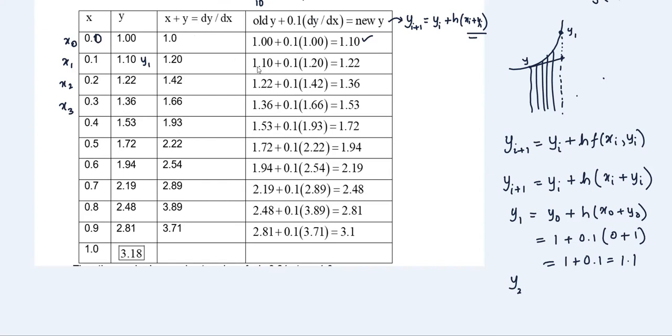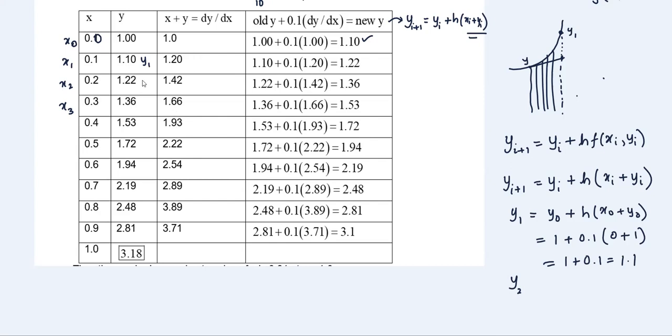Now y2 we have to find is y1, that is 1.1, plus h, 0.1, times dy by dx, that is x plus y. x plus y is 0.1 into 1.1, it is 1.2. So multiply, this becomes 0.12. So when you add, you will get 1.22.